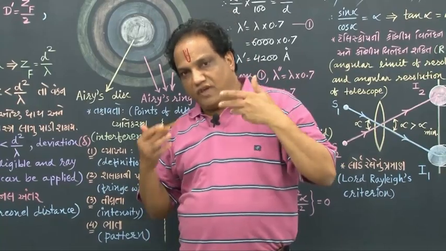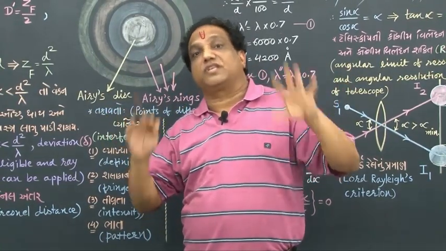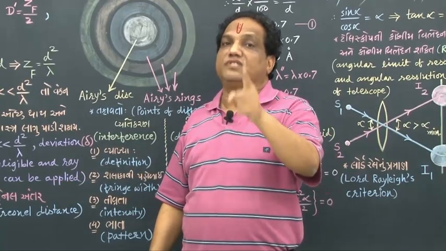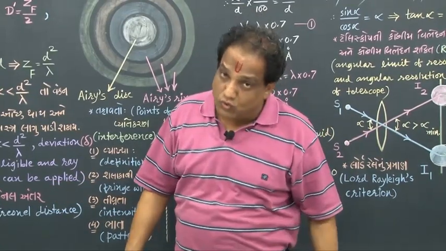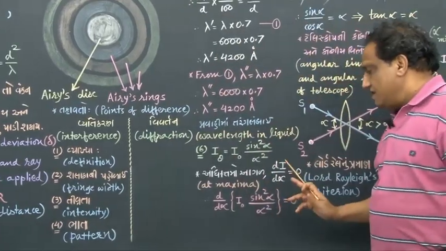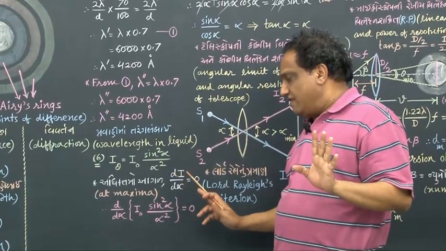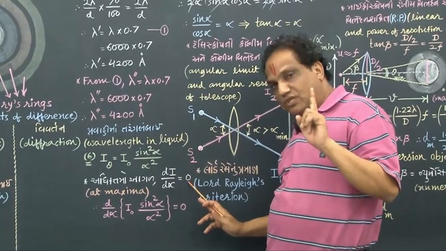And don't you know, whenever any function is either becoming maximum or becoming minimum, in both cases its first derivative is 0. So at each of the maxima, if the intensity of light is maximum, then the first derivative of this intensity must be 0.